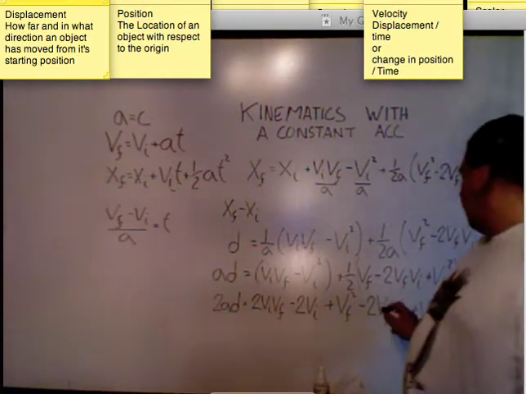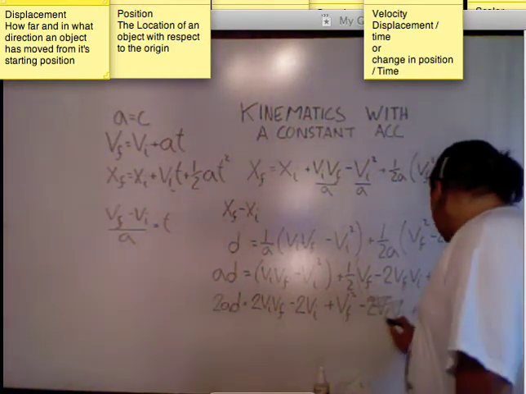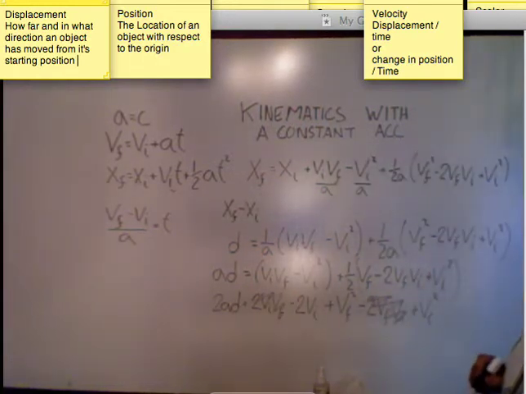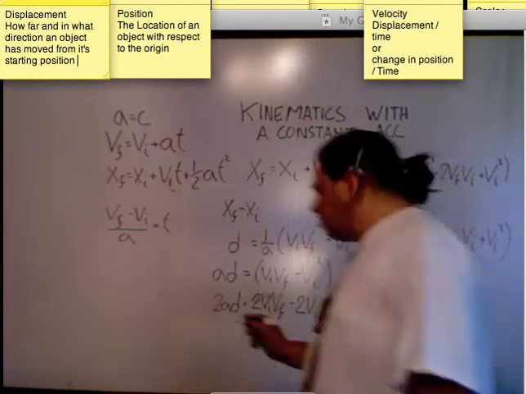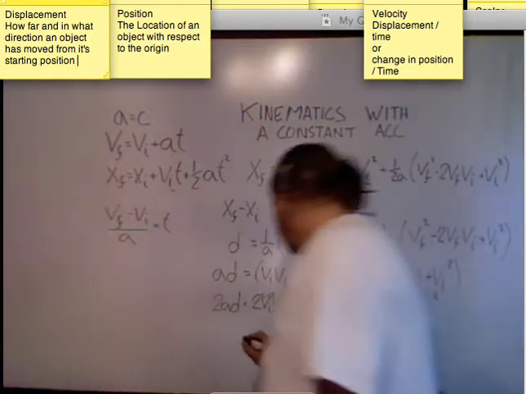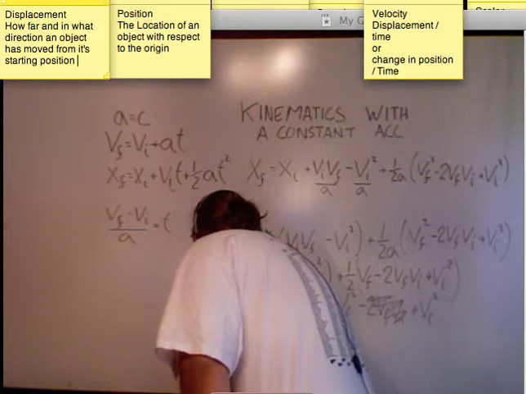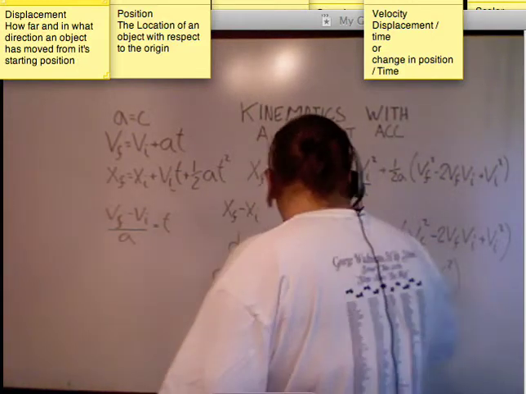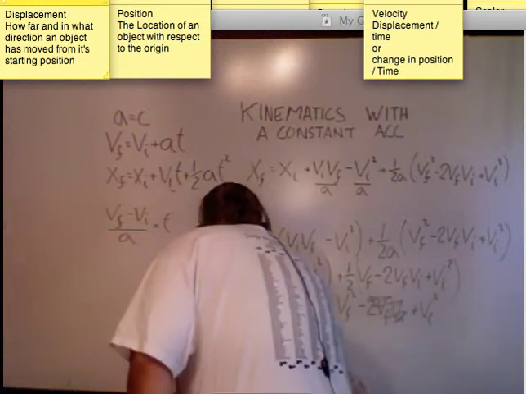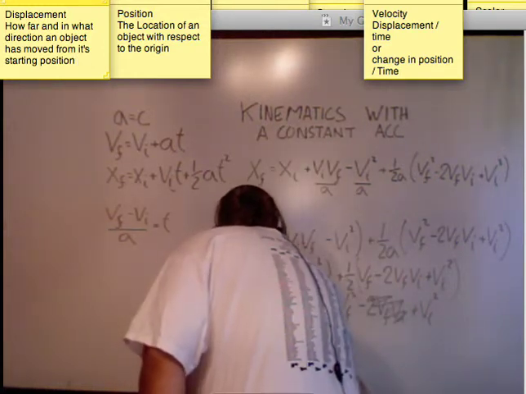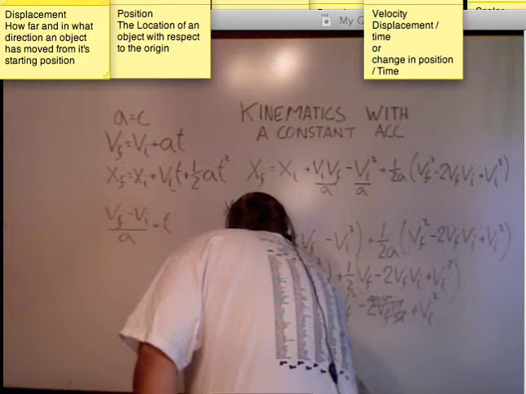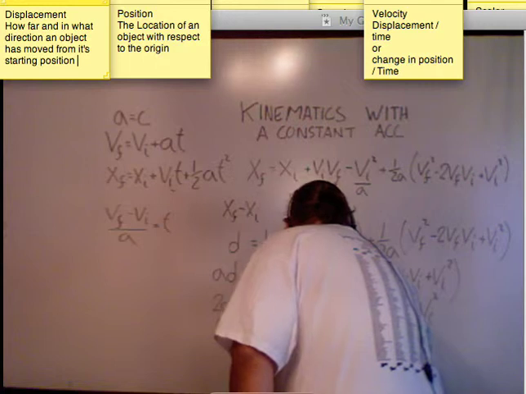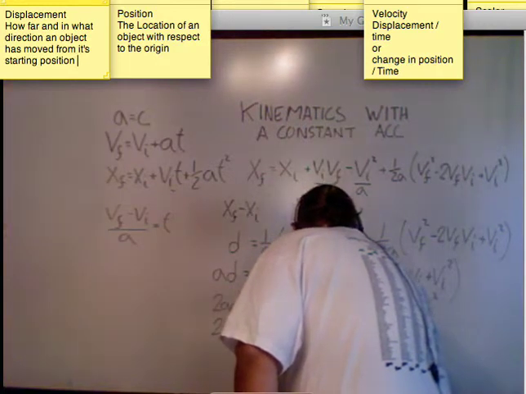What ends up happening is that this goes away with this. That leaves me, and do I have room? Yeah, I have room. 2 times the acceleration times the displacement is equal to, I'm going to combine like terms, v final squared minus 2 v initial squared plus v initial squared.